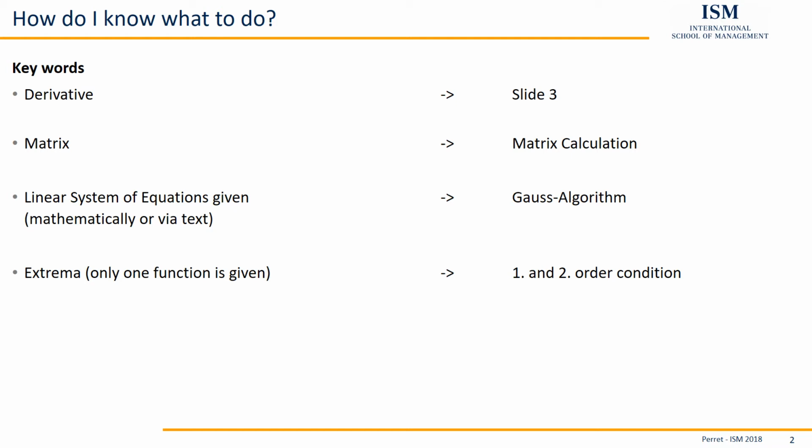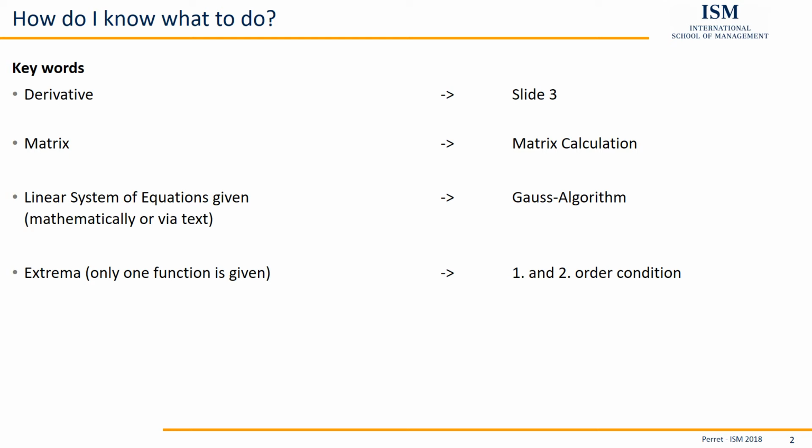If we have this situation, so only the function, task: calculate extrema, calculate minima or maxima, then we just go about this the way we know for one variable. So first derivatives, second derivatives, then set the first derivatives equal to 0, solve for the variables, then insert them in the second derivative and decide if it's a maximum, minimum, or saddle point.